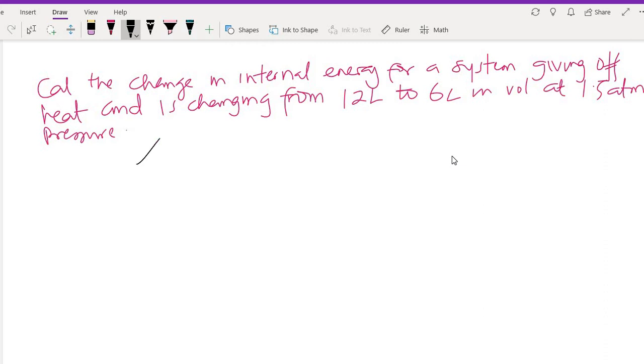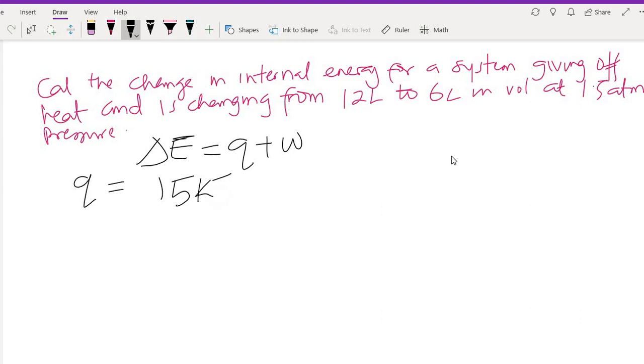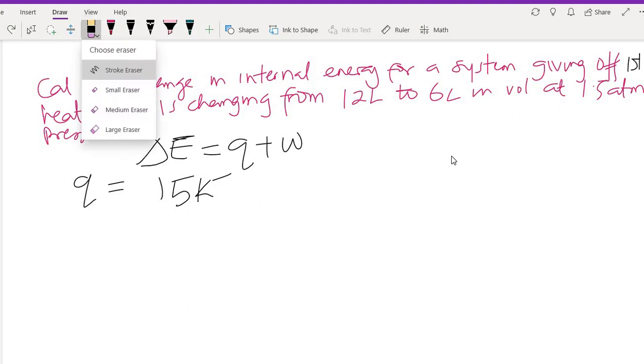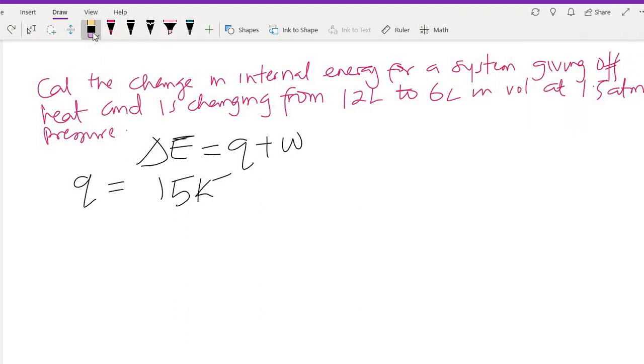So the first thing we do is write our relationship, which is delta E equals Q plus W. In this case, our Q is 15 kilojoules.